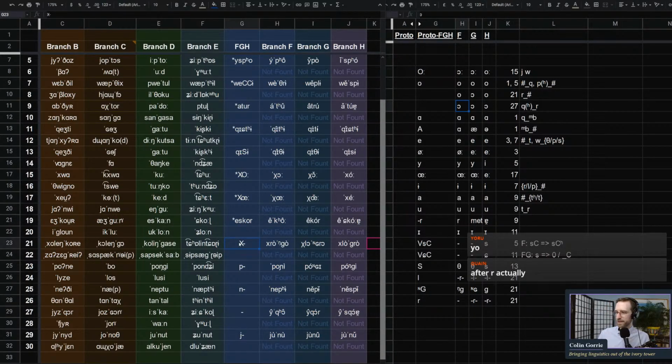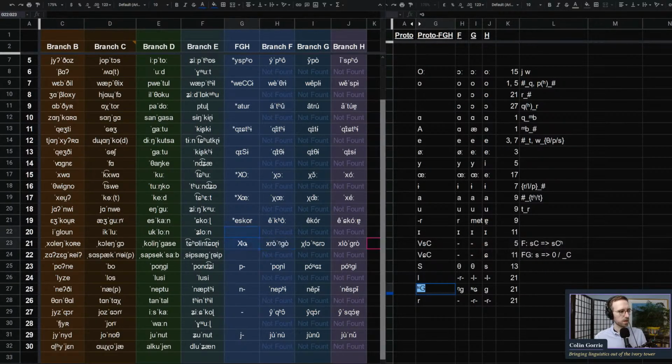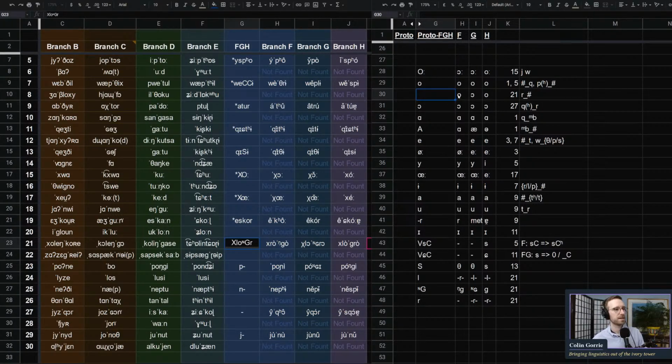So I think what we have here is something like, and I think Quain pointed this out, something like long, and then what to do with this one? Well, this one here can be open O. And as for this, I'm not sure.